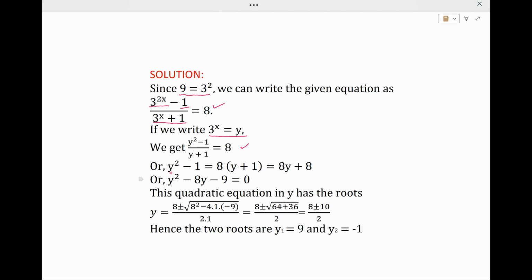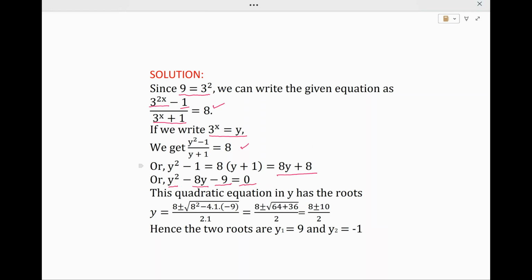Or y squared minus 1 is equal to 8 multiplied by (y plus 1), and that is equal to 8y plus 8. Now bringing everything to one side, we get y squared minus 8y minus 9 is equal to 0.